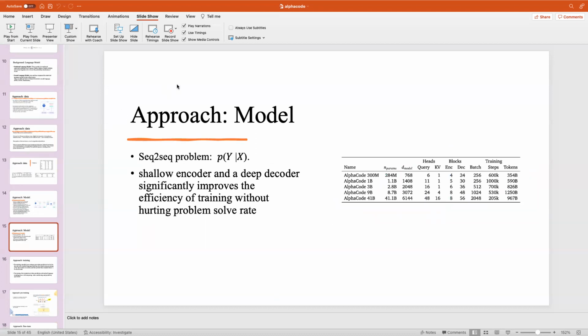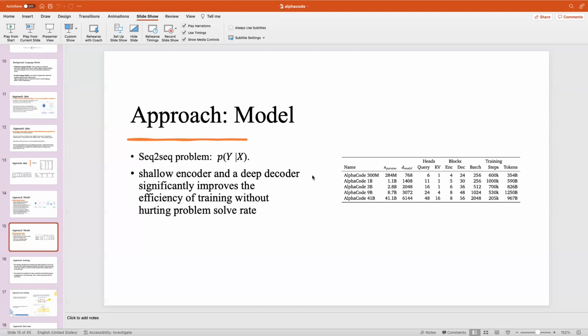Regarding the size of the model, the DeepMind team has tried different sizes of the model. Since you can use more encoders, more decoders, you can keep stacking the transformer modules, and you can get larger and larger models. We can see the team actually found a shallow encoder and deep decoder significantly improve the efficiency of the training without hurting the solve rate.